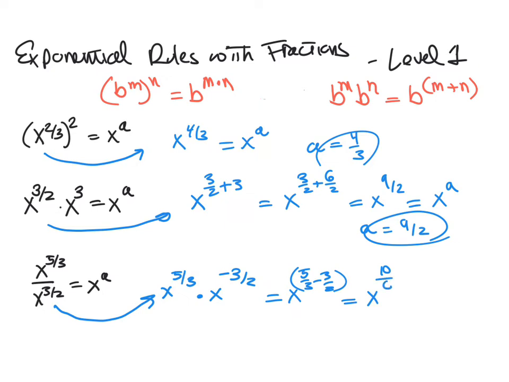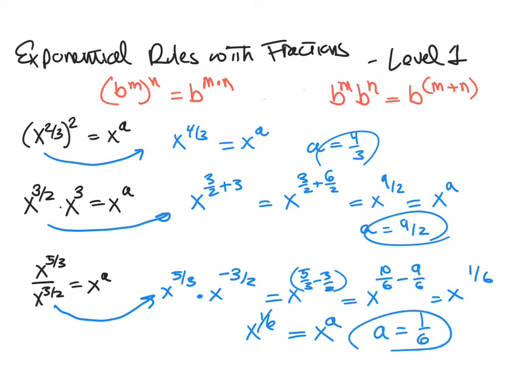How about that? 10/6 minus 9/6 equals x to the 1/6. And again, that x to the 1/6 equals x to the a. So a equals 1/6. Here we go.